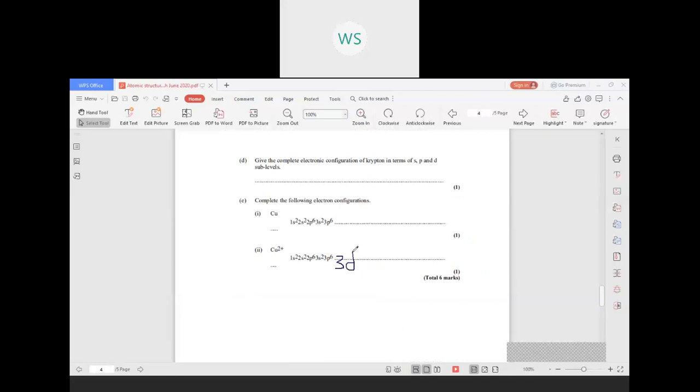So because it lost an electron, 3d becomes 3d9. So 4s1 and 1 electron from the d orbital is lost. Okay, understand, Nia? Okay, that's good.